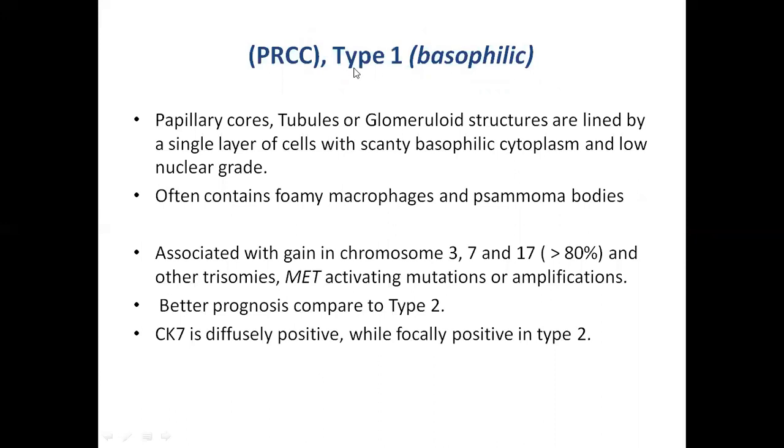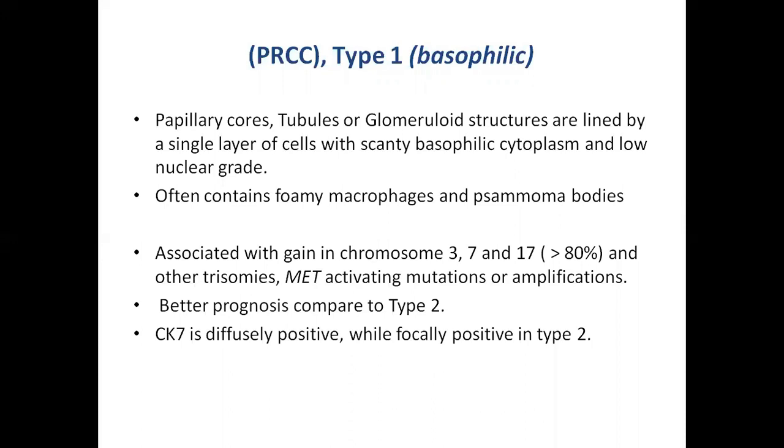Discussing type 1, it is commonly also known as the basophilic type of papillary renal cell carcinoma, because they have the papillary type of architecture, but they have very little or very scanty cytoplasm. At the same time, they have a very hyperchromatic type of nucleus.